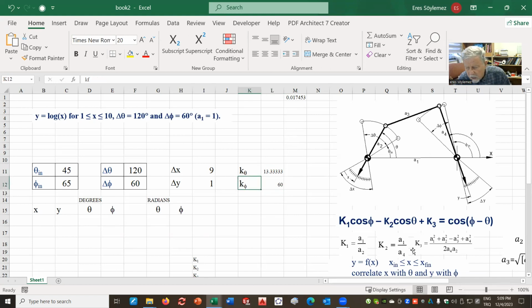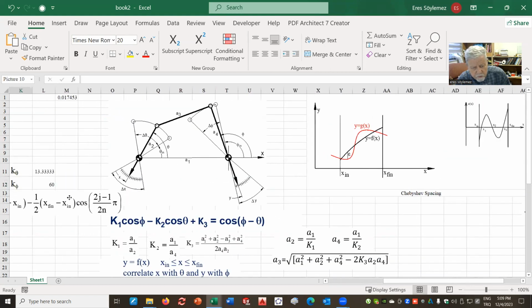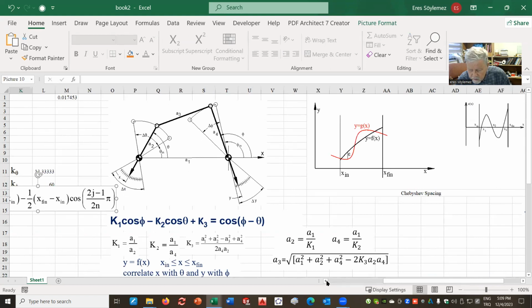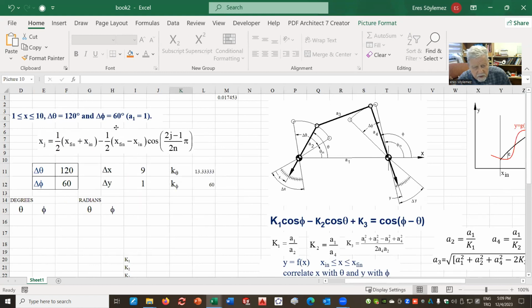Okay? Now I'm going to use Chebyshev spacing, so let me move this formula over here. I could write it over there, but no problem, so that we can see.